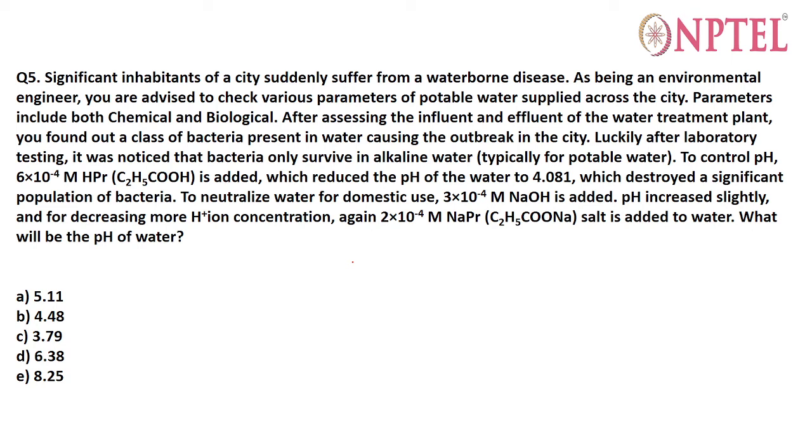So you are adding 3 into 10 to the power minus 4 molar of NaOH solution, and pH increased slightly. And for decreasing the H plus ion concentration further, again 2 into 10 to the power minus 4 molar of NaPr, sodium propionate salt, you are adding to the water. So what will be the pH of the water?